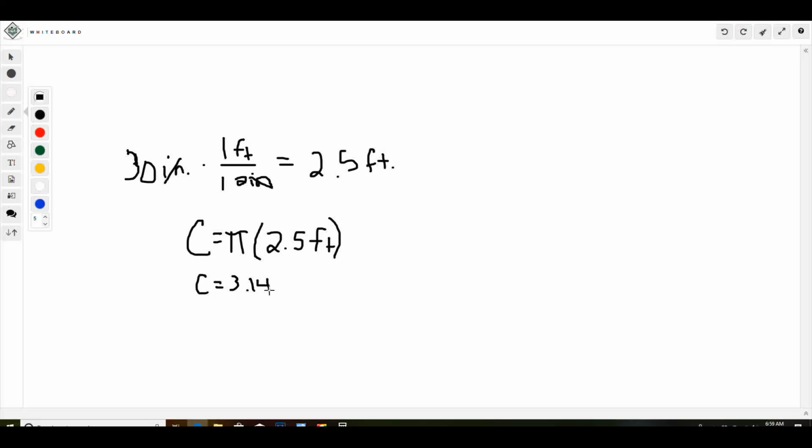Pi is 3.14 times 2.5, and when you calculate that with your calculator, you get 7.85 feet. Now it's just circumference, so you don't square or cube it.